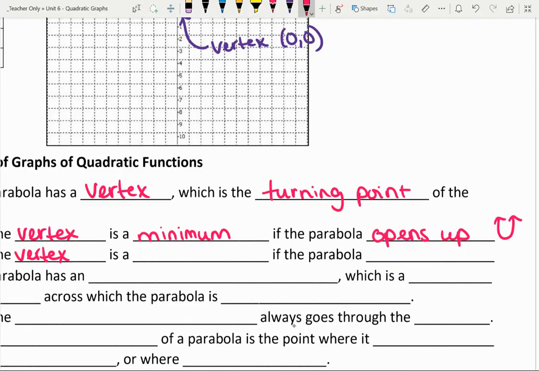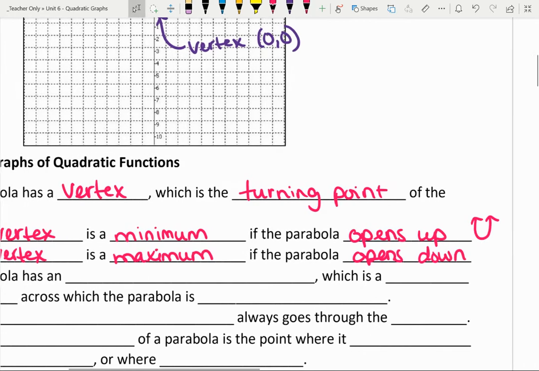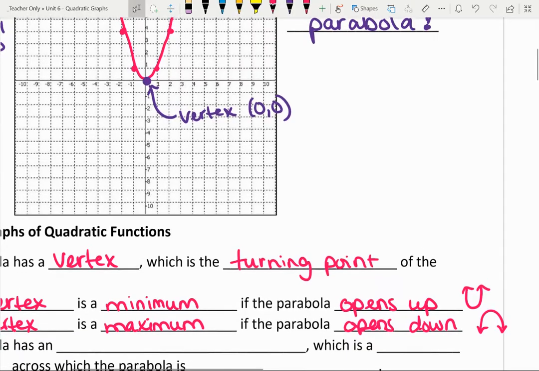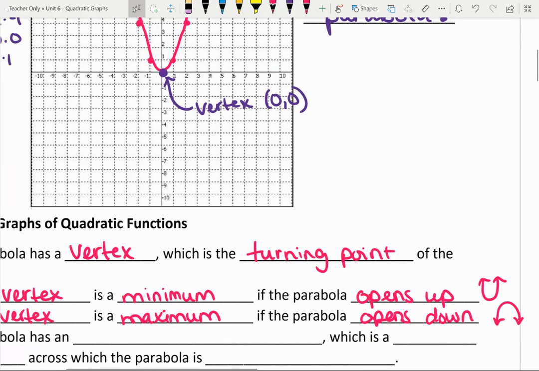On the other hand, the vertex can be a maximum if the parabola opens downward. Opening the opposite direction, the vertex would then be at the very top of that graph. So we've talked about the maximum and minimum, but we haven't really given it a name until now, and it is called the vertex, the turning point of the parabola.